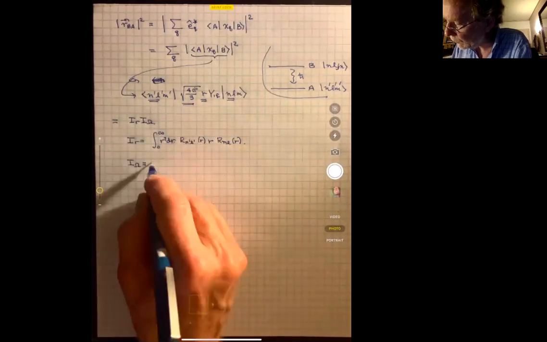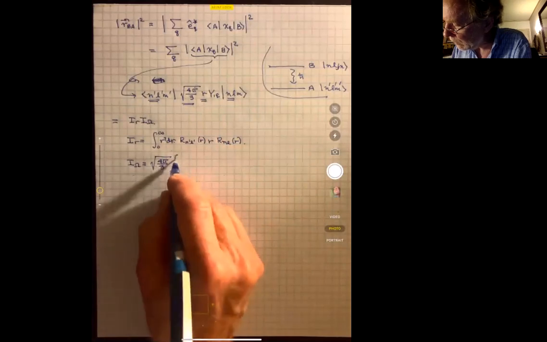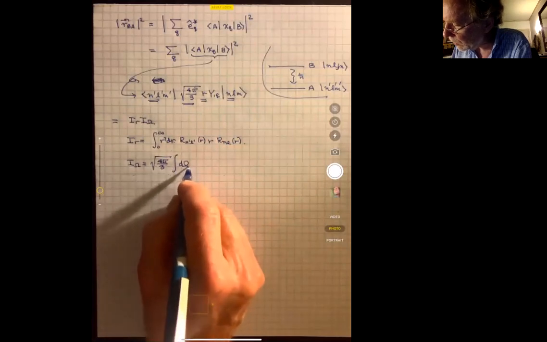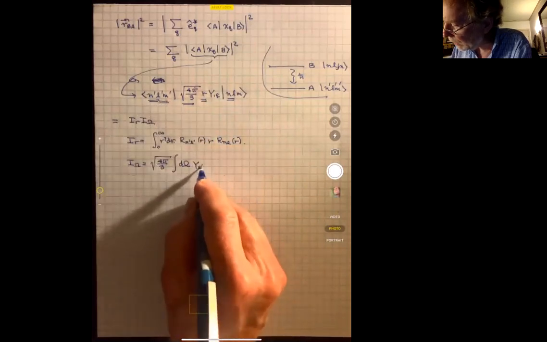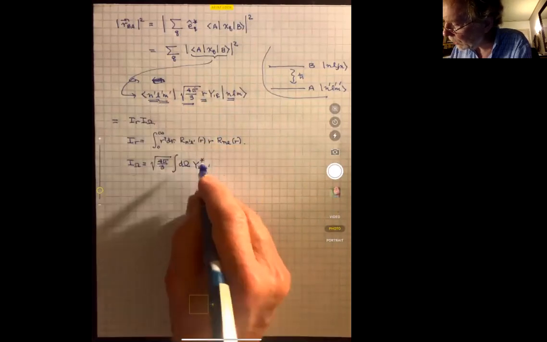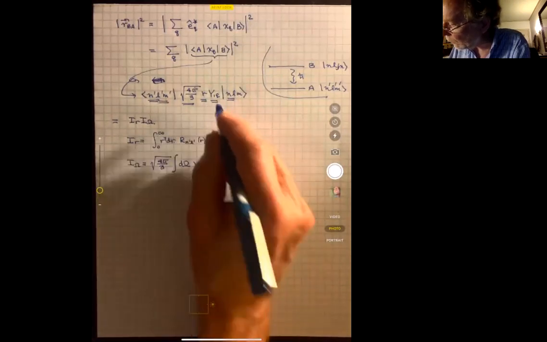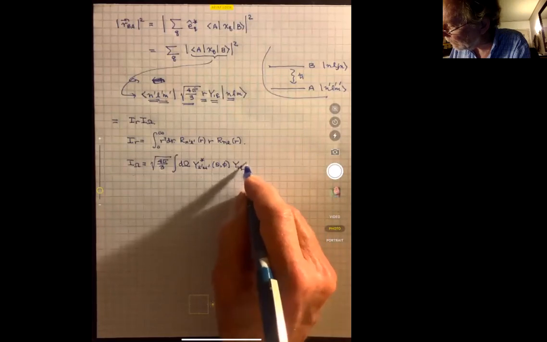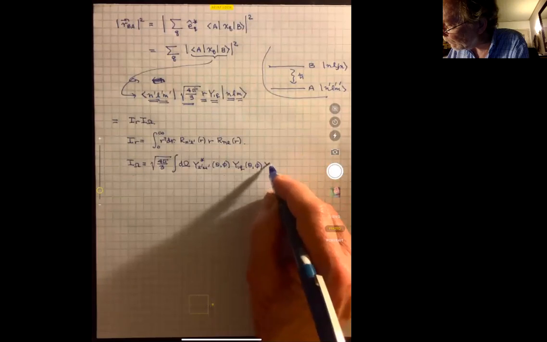I'll take this factor of root 4 pi over 3 for the angular integral. Then we get an integral over solid angles. Over here, we get a Y_l'm' complex conjugated, of theta and phi. In the middle, we get a Y_1q of theta and phi. And on the right, we get a Y_lm of theta and phi.